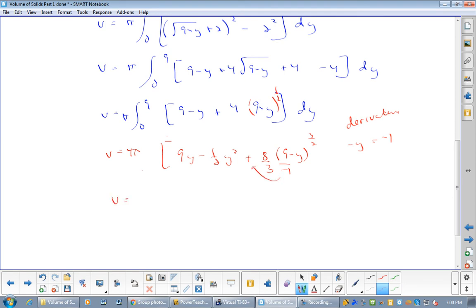So volume equals, oh yeah, and then I've got to put 0 to 9 here. Volume is pi times 9 times 9 minus 1/2 times 9 squared minus 8/3. Here's a minus 8/3 here because of that minus 1. That's tricky. 9 minus 9 to the 3 over 2.